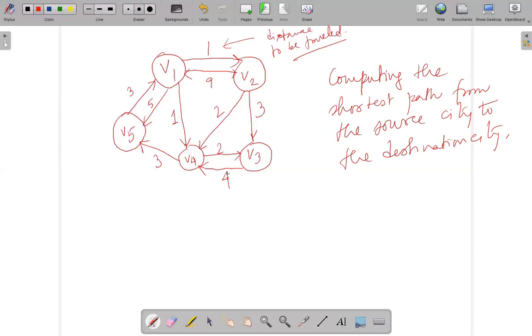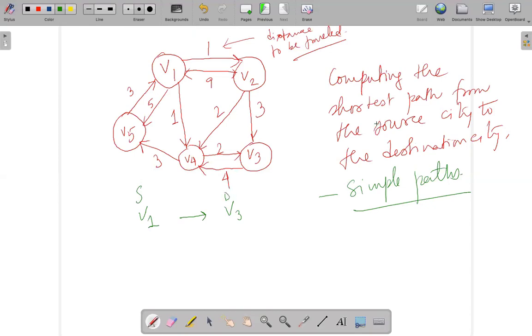Now, if we take this particular example, here we are interested only in simple paths. So let's say our source is V1 and we want to reach V3. This is our source, this is our destination.